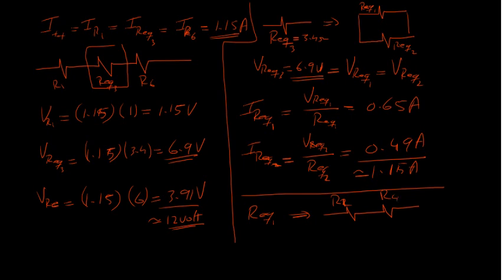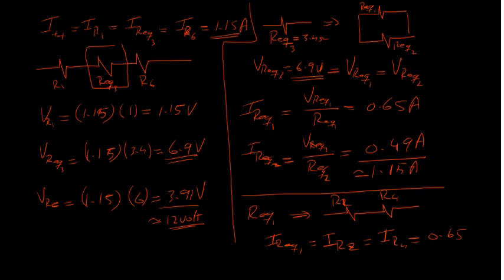Because resistor 2 and 4 are in series, they will have the same current going through R equivalent 1, which is 0.65. So it's the same current for R2 and also for R4, which is 0.65.